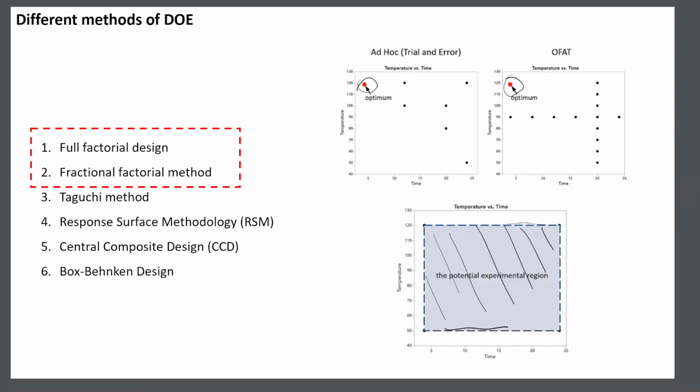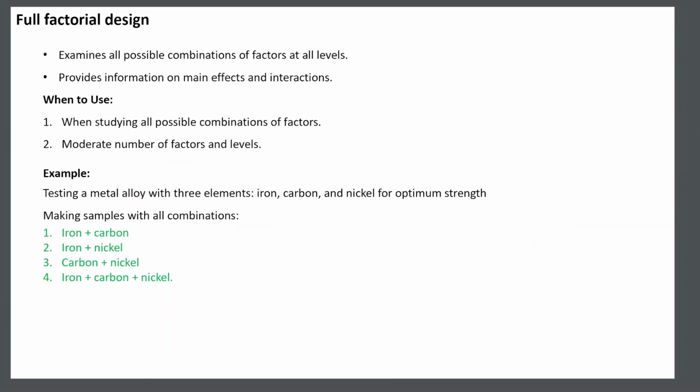So let's move on to the full factorial design. As the name suggests, factorial means it explores all possible combinations. It examines all the possible combinations of factors at all levels, and provides information on main effects and interactions.